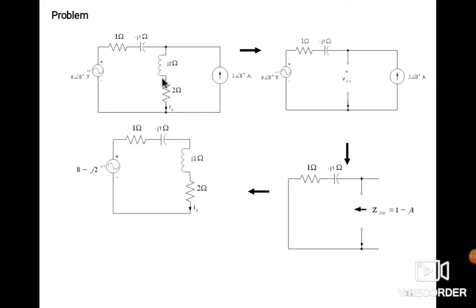Remove this terminal and find out the VOC, and after finding the VOC, find out the RTH, or the impedance. Instead of RTH, the Thevenin resistance, we find out the impedance and connect this impedance in the circuit in the next slide.